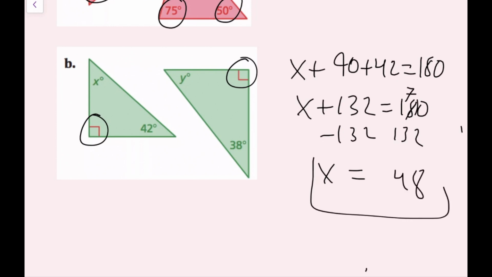So I get x is equal to 48. Well, 48 is not the same as 38. I should put the degree symbol here. But either way, I know that these are not going to be similar because these angles are different. I could solve for y, but I don't need to because I already know that we only have one pair of corresponding angles that are going to be congruent. So I know that these are not similar.